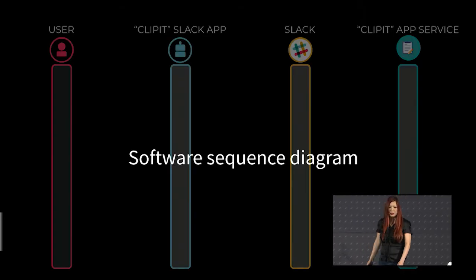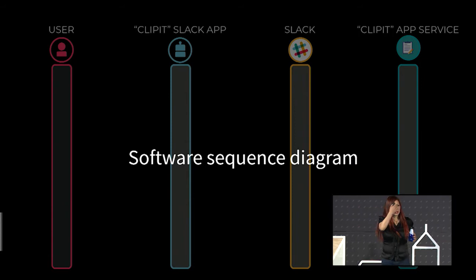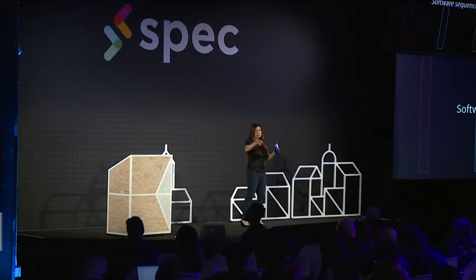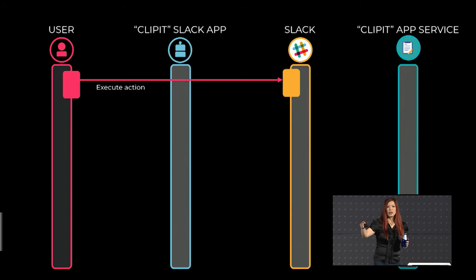So now I'd like to show you a sequence here. Let's say you have the user, your Cliplt app, the Slack API, and you have a Cliplt app service. First, a user executes an action. That means, of course, hover over the message, click the menu pill and choose your action, like the Cliplt action, clip the message.